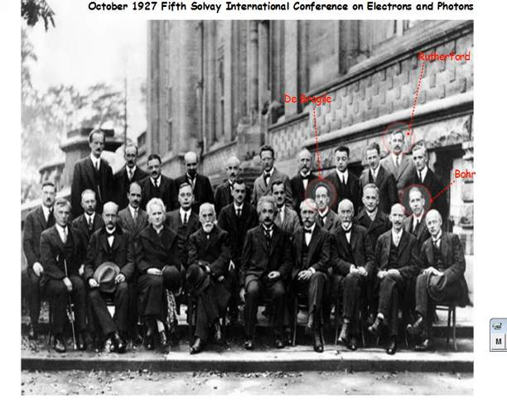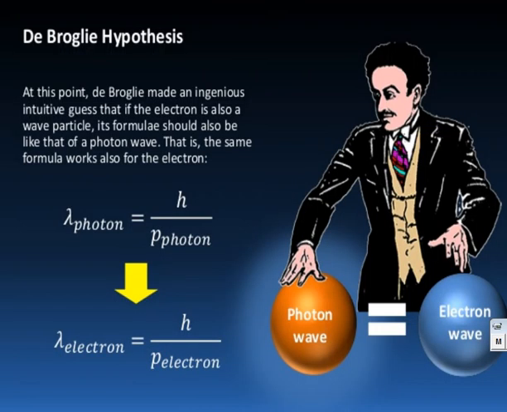he thought about light, and he thought about how light can be expressed as both a wave and a particle. Now, if light shows wave-particle duality, then maybe particles do the same thing as well. And so he came up with this explanation that electrons are also wave particles.